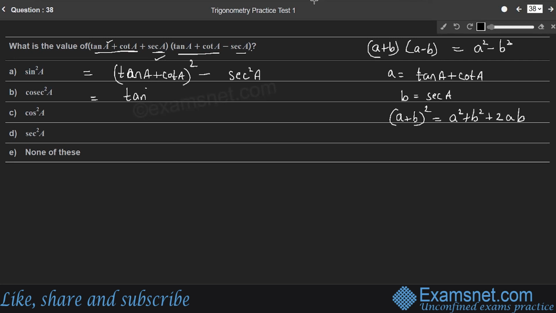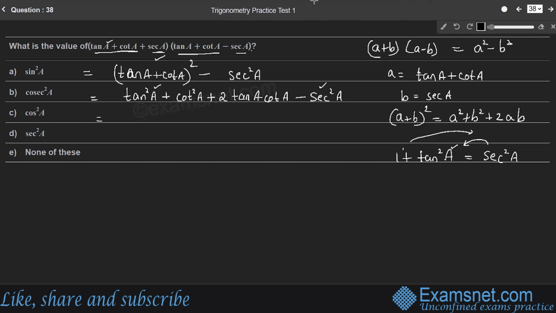So A square becomes tan square A, plus B square becomes cot square A, plus 2 times tan A into cot A, minus secant square A. So here tan square A minus secant square A is minus 1, because 1 plus tan square A is always secant square A. Therefore, when secant square A is taken to the LHS, it becomes minus secant square A, equal to minus 1.